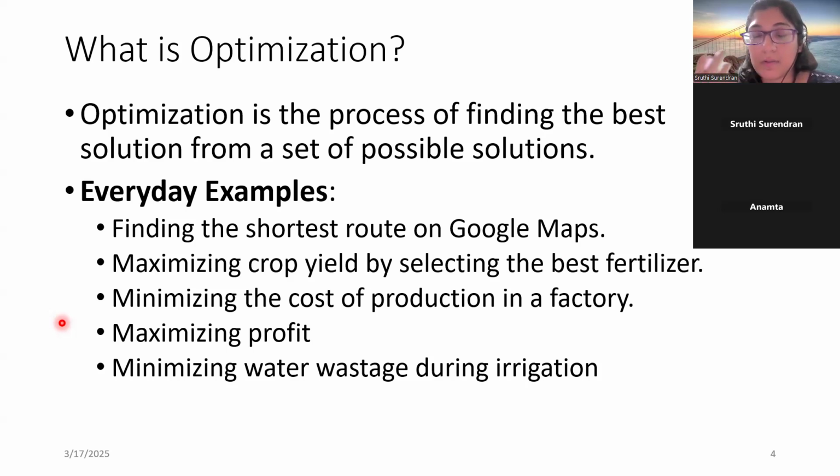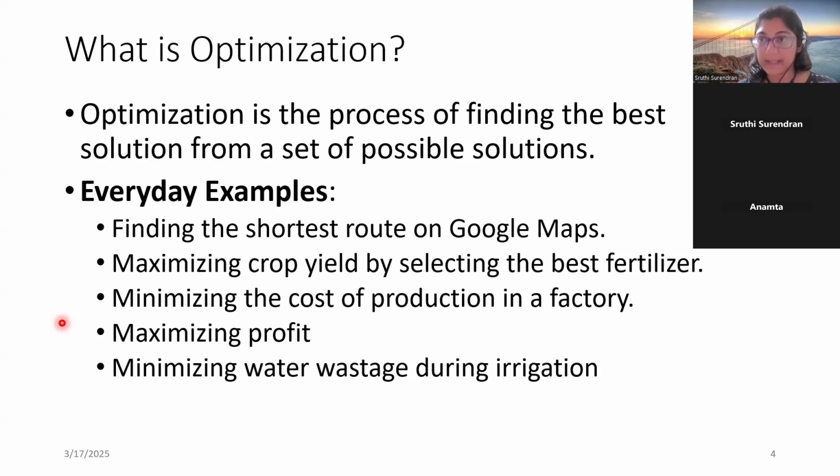Again, if you look at a factory, how do you reduce the cost of production? By maximizing the amount of produce that you get. That is optimization. How to maximize the profit, how to minimize water wastage. Whatever result we want, an optimal solution means we want the best solution.